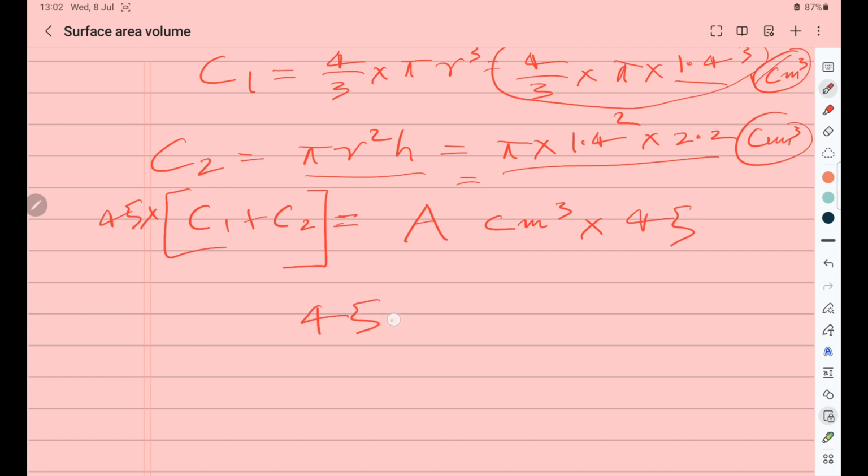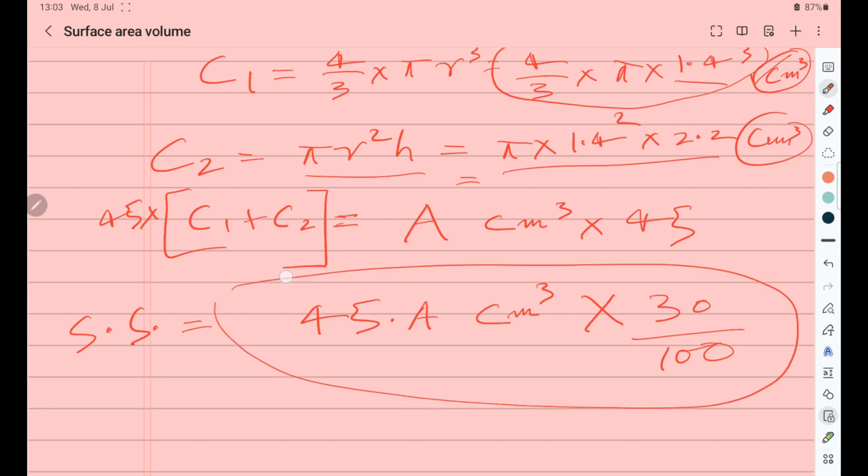So these 45 gulab jamuns have a volume of 45 times that in cubic centimeter. 30% of it is the sugar syrup. So this will be the answer. This much volume is the sugar syrup.